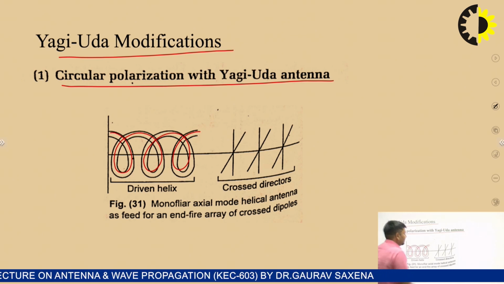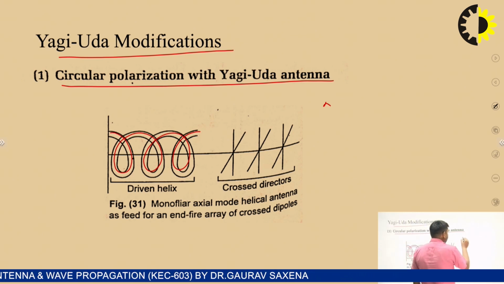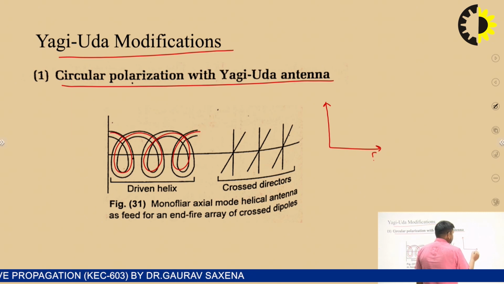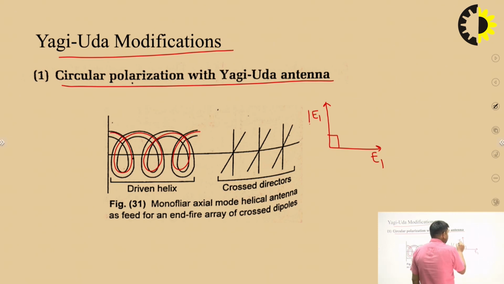If we transmit an electromagnetic wave having two vectors which are perpendicular to each other and have the same amplitude, E1 and E2 having the same amplitude and perpendicular to each other, then the locus of that particular vector is circular.